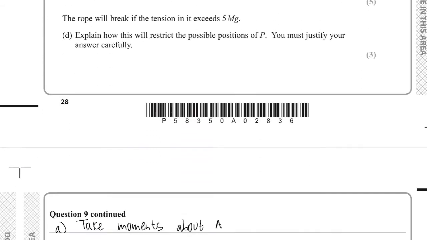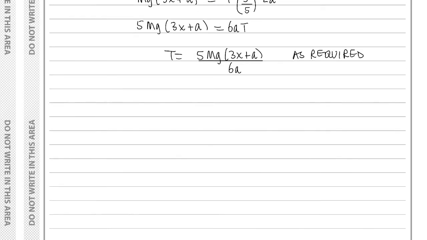So 2 mg is going to be T cos alpha. Now for 2 mg, we have the value of T, it's 5 mg, 3x plus a over 6a, and cos alpha, which is 4 over 5.